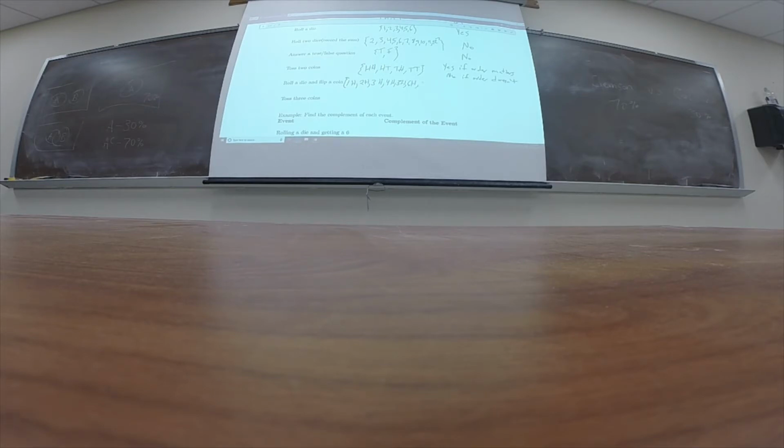Then I got to go to my tails. I could wind up with a 1 and a tail, 2 and a tail, 3 and a tail, 4 and a tail, 5 and a tail, and a 6 and a tail, right? So those are my options right there. I have 12 outcomes. Are those equally likely? Yes. Should be, right? Because none of them are going to occur more than one time in any given order. So, yes, as long as the coin is fair and the die is fair, it should be okay.